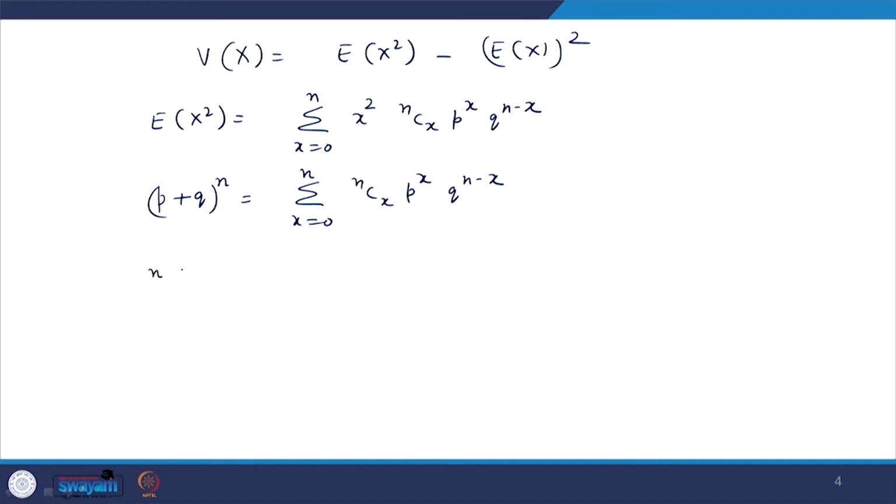So, it is n(p + q) whole raised to power n minus 1 equals summation x varying from 0 to n, x nCx p raised to power x minus 1 q raised to power n minus x. Now, you want x square here. So first you have to make it p raised to power x, so you multiply both sides by p.